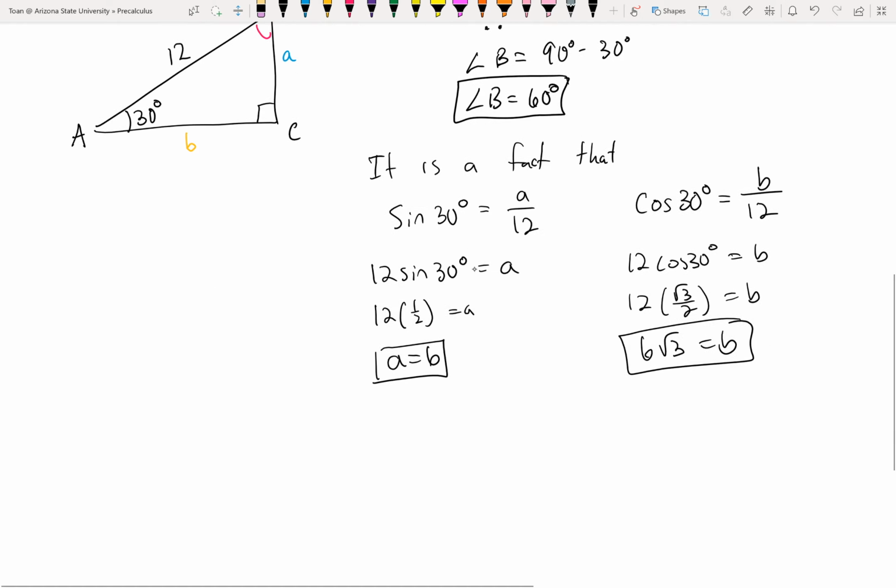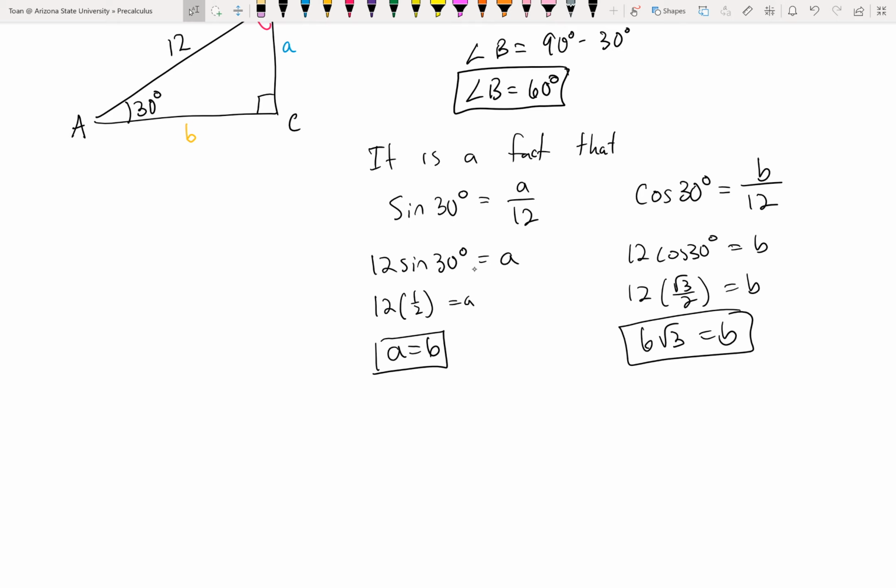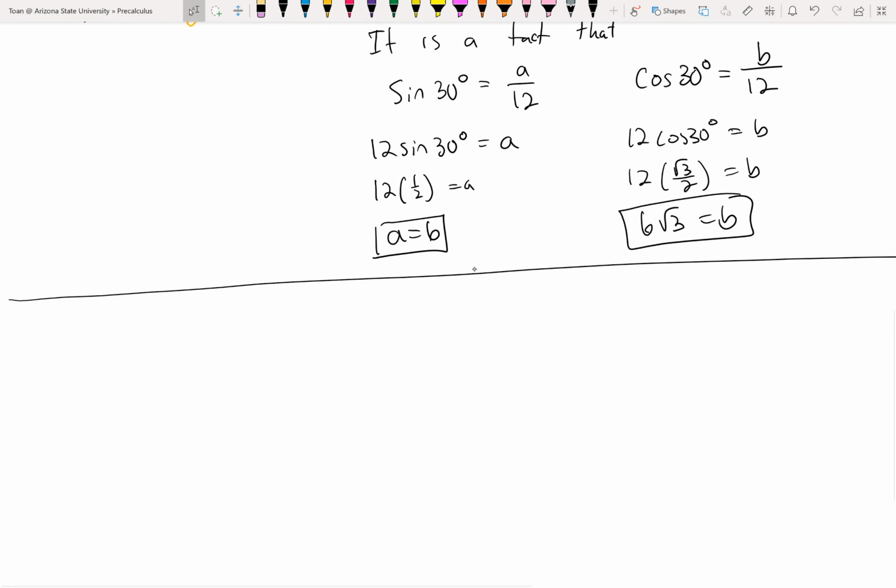Now, sometimes they may not give you an angle, but that's okay, because we have this sort of idea from Unit 5, right?